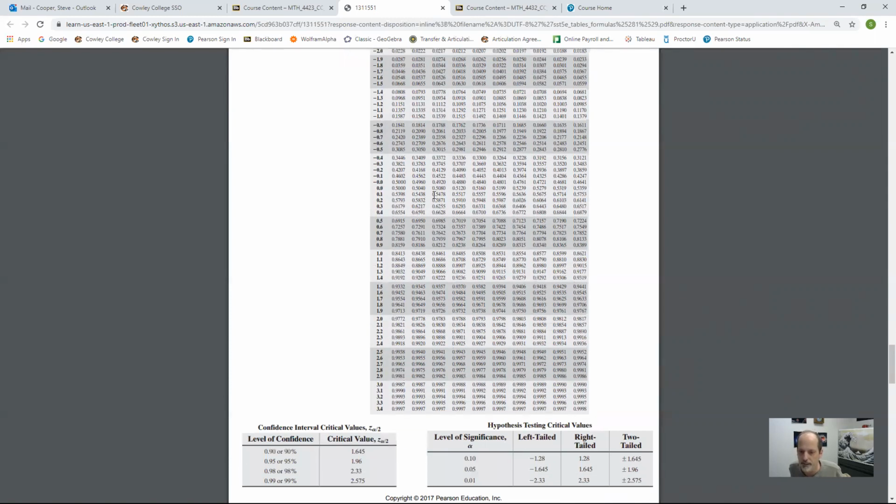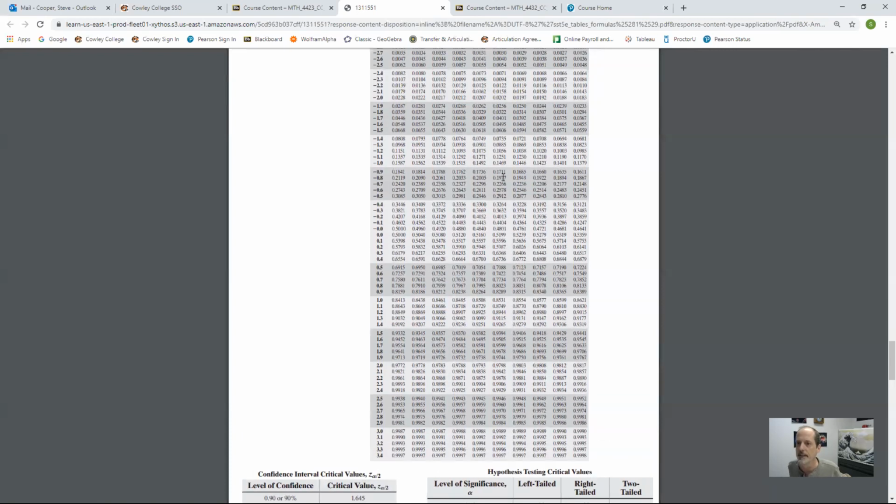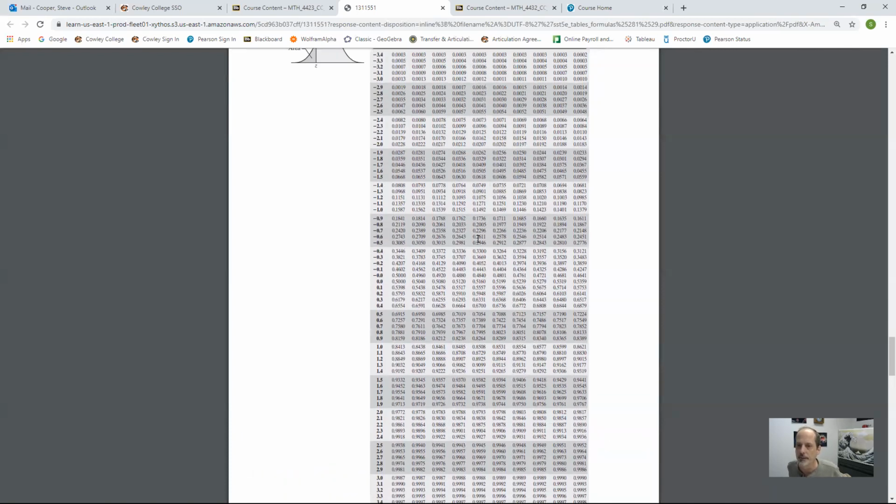If we come down here, for a 90% confidence interval, you've got a shortcut. So if it's a 90% confidence interval, then 1.645 is our Z alpha over 2, and again, you can see that when you come here.